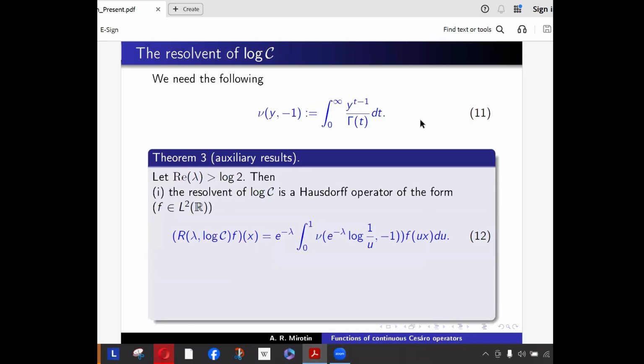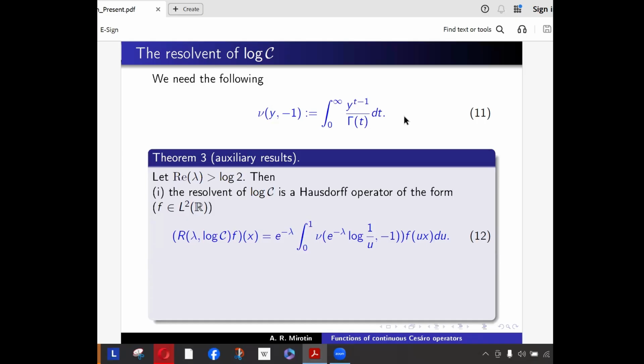I want to describe the spectrum and the inverse of the logarithm. And I need the following well-known special function, nu of y minus 1, given by formula 11.